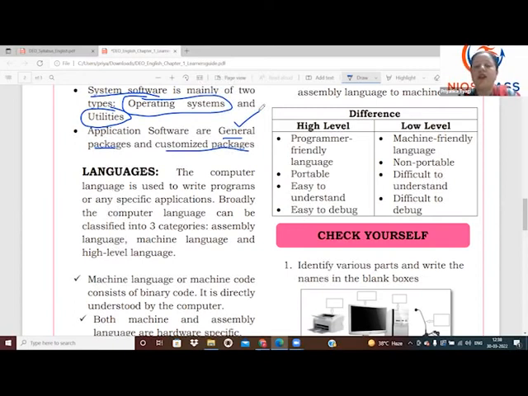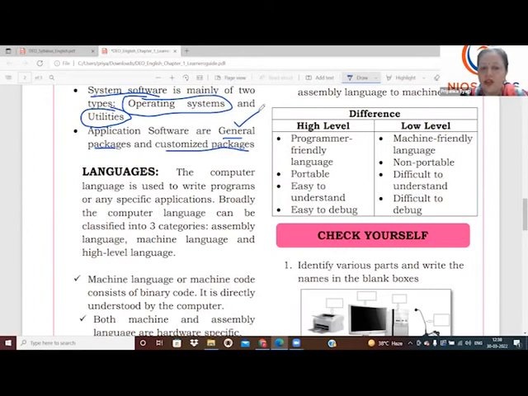Now next is your languages. After software, what are languages? If you want to generate software, you have to use a technology to generate different kinds of source code or programs, and that is possible through computer languages.